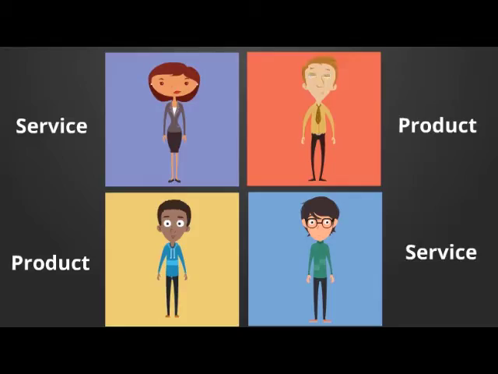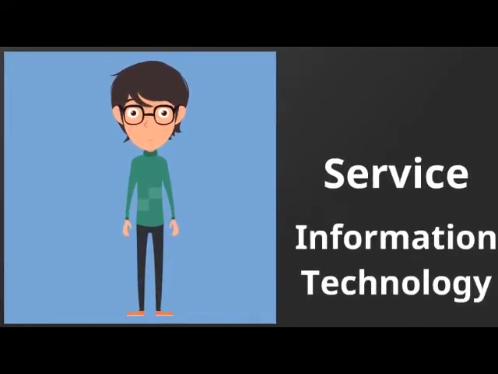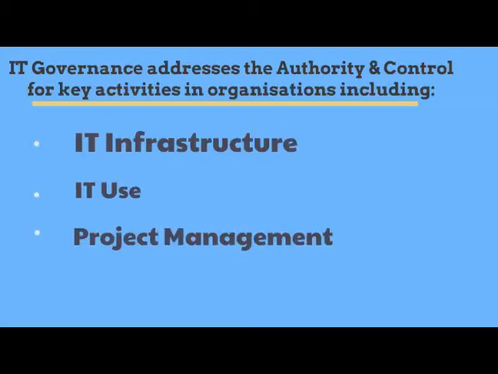Now, let us relate information technology, IT, with the structural frame within an organization. IT governance addresses the authority and control for key IT activities in organizations, including IT infrastructure, IT use, and project management.